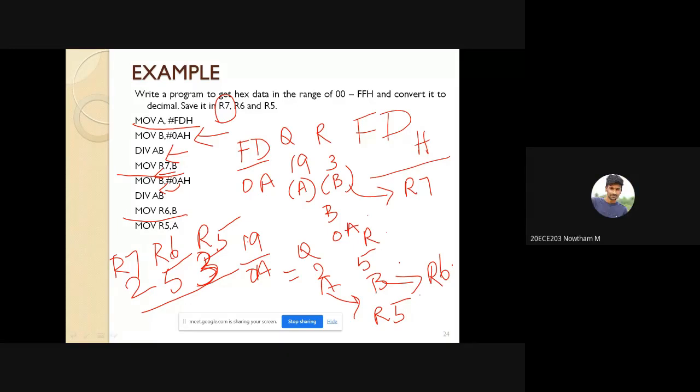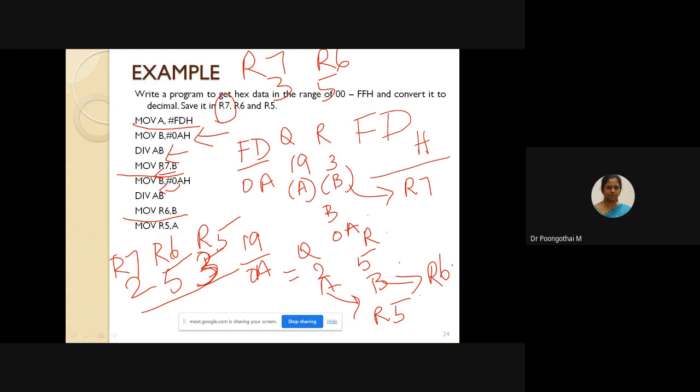Actually in this, R7 only holds 3. Please check. Yes, I wrote it in reverse. One second. R7 holds 3. R6 holds 5.